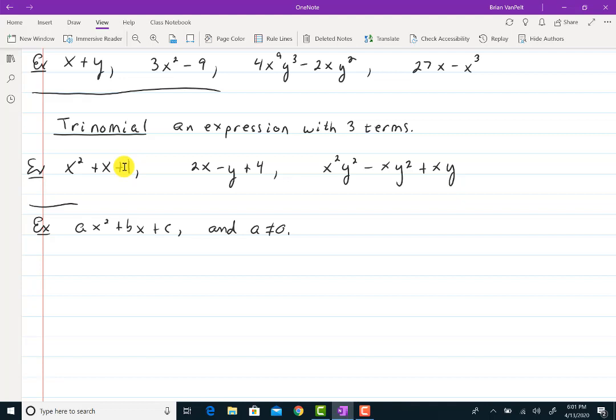So this is degree 2. It's a trinomial because it's got 3 terms, and the coefficients are a, b, and c.